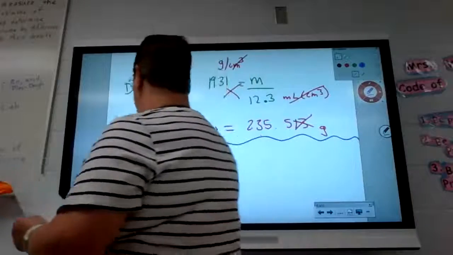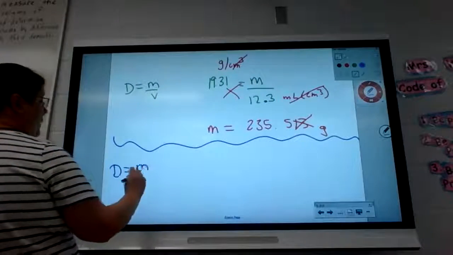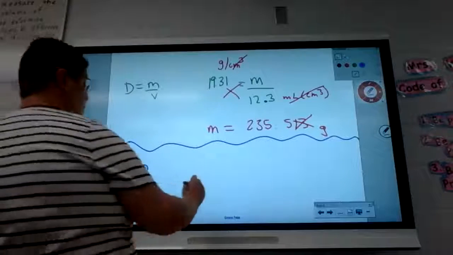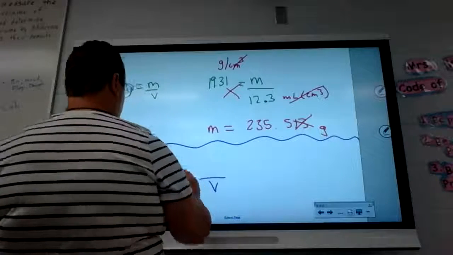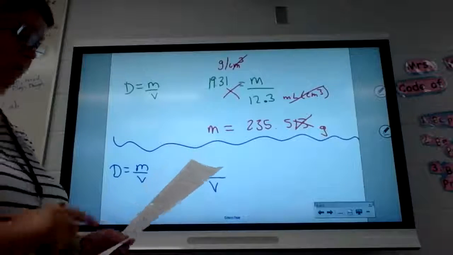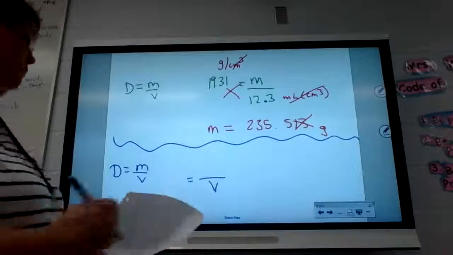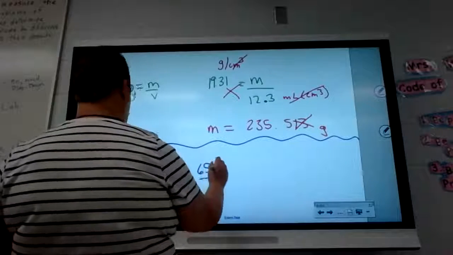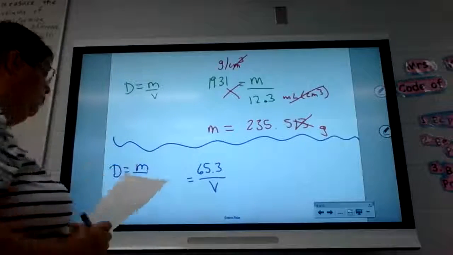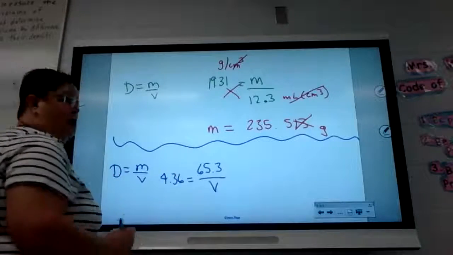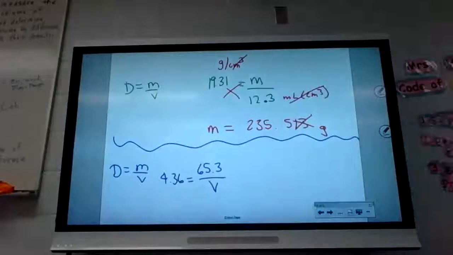So like in the next one, all right, still using density. And this time I asked for volume, okay? So here we're looking for V. And I said mass of 65.3. So where am I putting that number? On top. And then I gave you a density of 4.36, so I'm putting that here. So this time I gave you both numbers, and you don't have to look up anything. So what do I do to solve? Cross multiply.